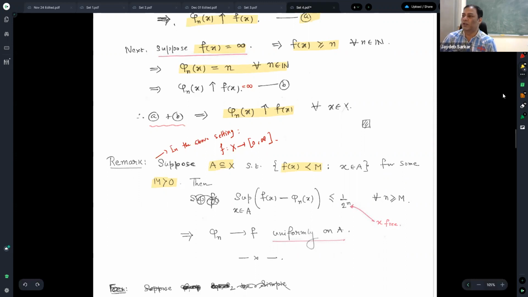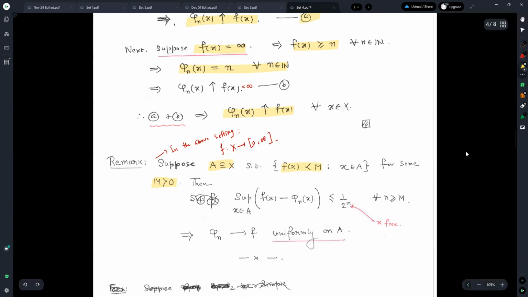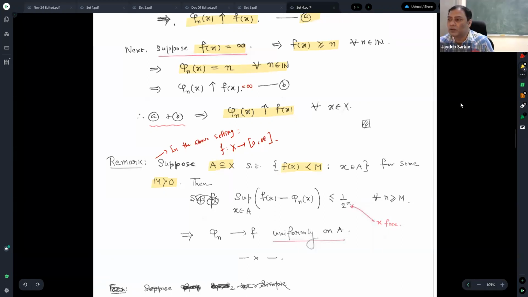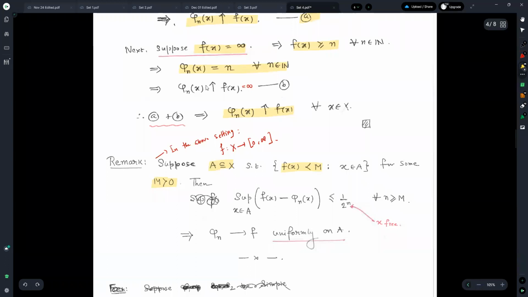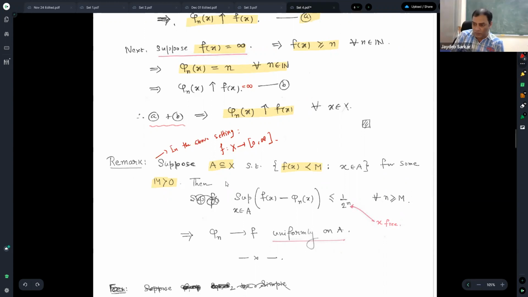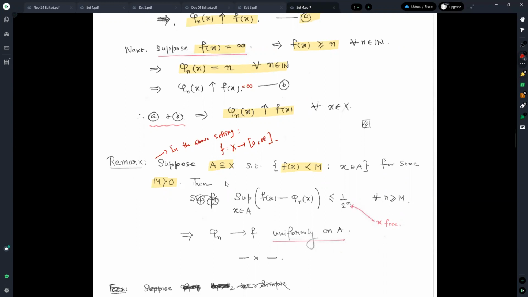I think I can make it simple. It will be the set of all x in A such that f(x) is less than m. Oh, you mean I should bring it over here? Yes, sir, this set which you have defined, such that.